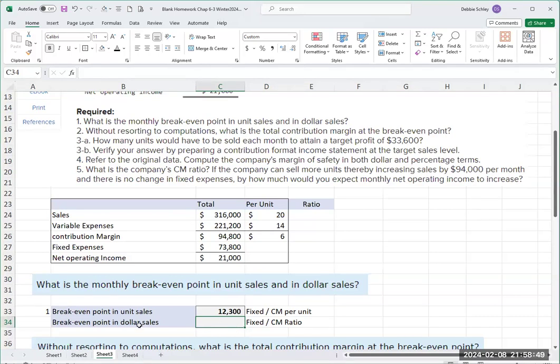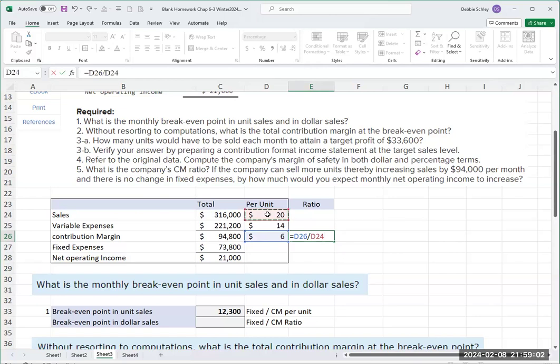Now for the second part, for dollar sales, I need to find the contribution margin ratio. So again, remember a couple ways you can do this. Contribution margin per unit divided by sales per unit, 30%.